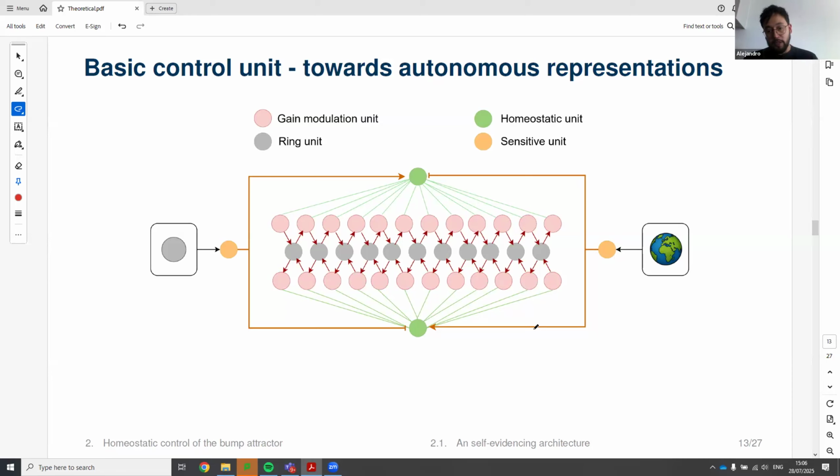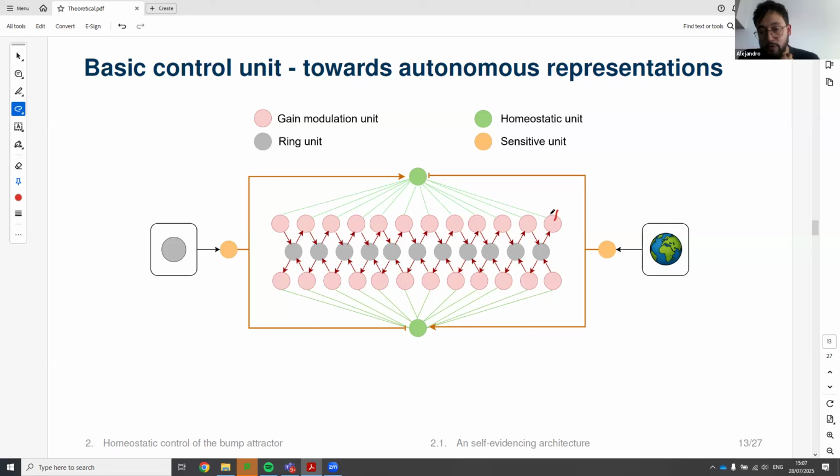So let me introduce this network. This is a ring attractor, just unfolded. It's the same spatial structure network with periodic conditions. We added the main medium for the neural field in the middle.